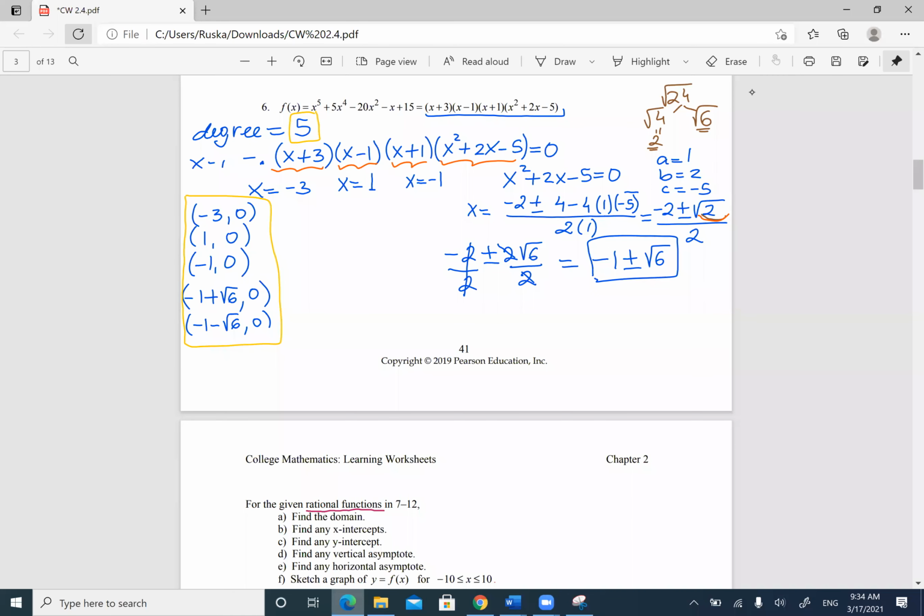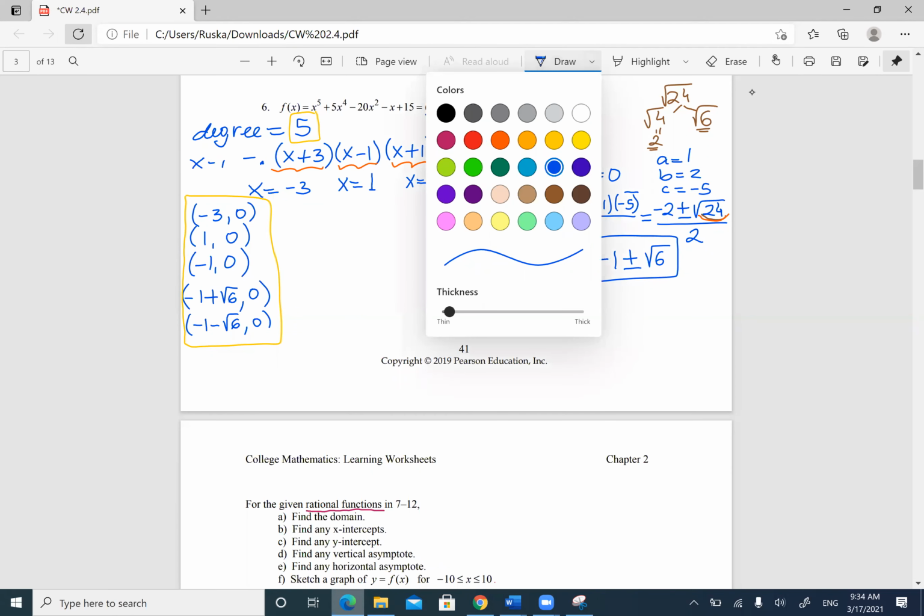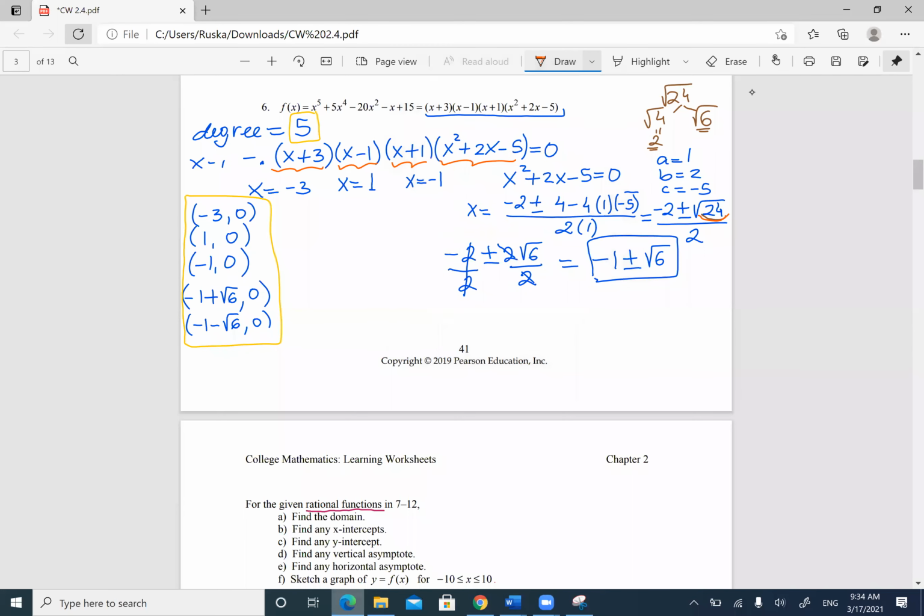Okay, so the note is, if the inside of the square root, which is 24, is a negative number, then it's going to be no X intercept.